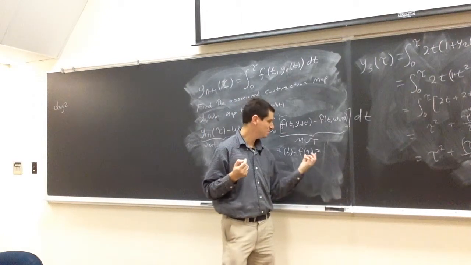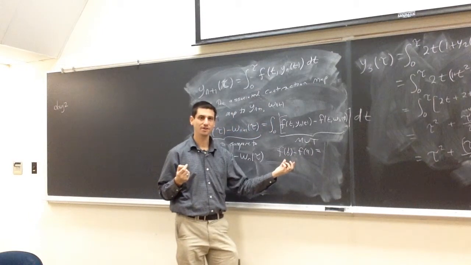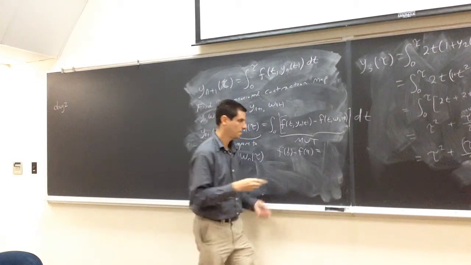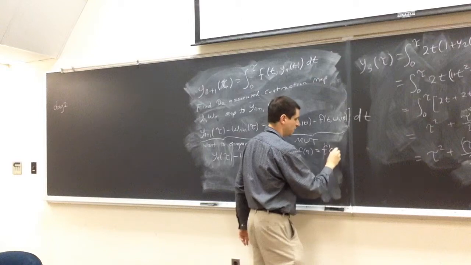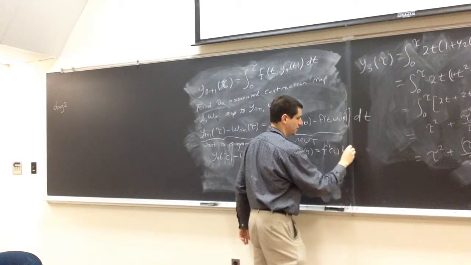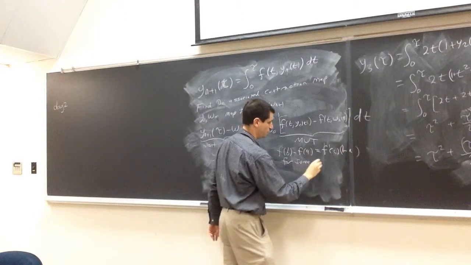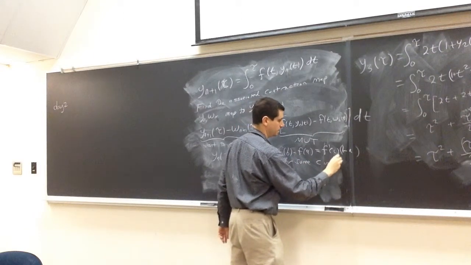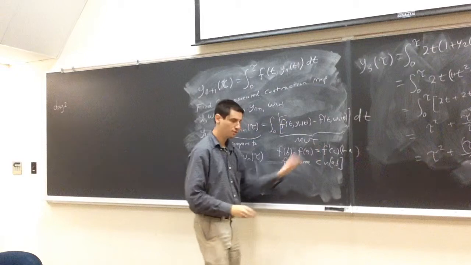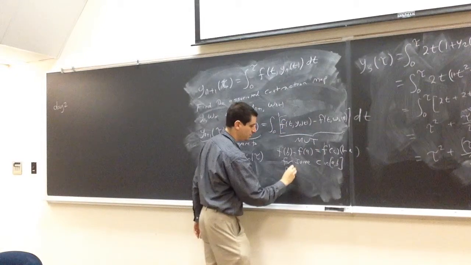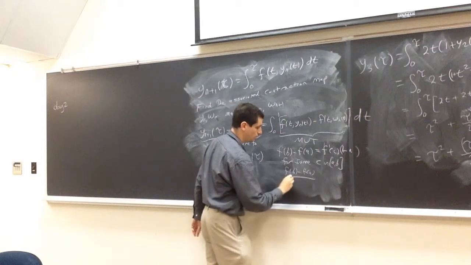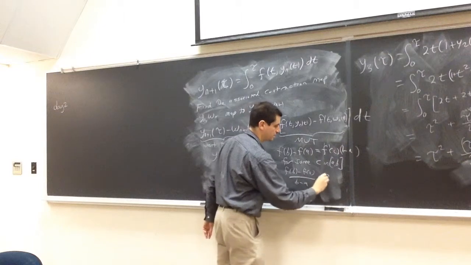Okay, what does the mean value theorem say? f of b minus f of a is f prime of c times b minus a, for some c in the interval ab. Another way of looking at it is f of b minus f of a over b minus a is f prime of c.